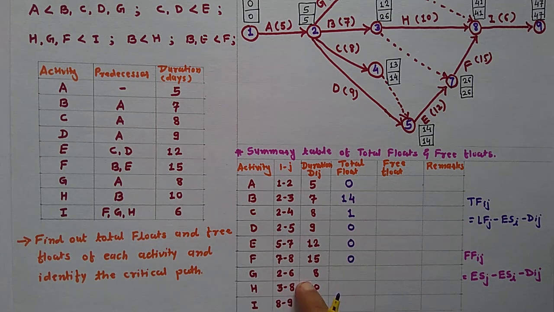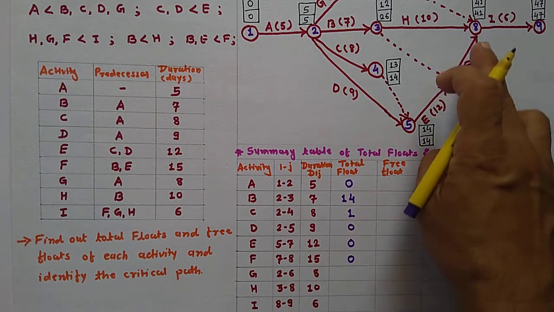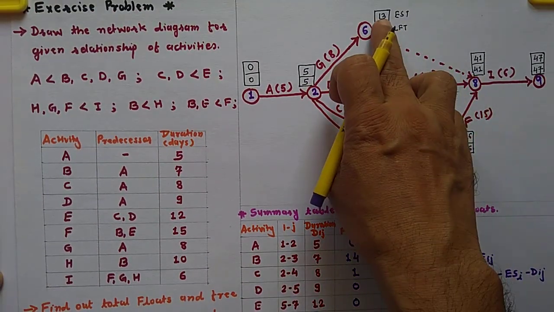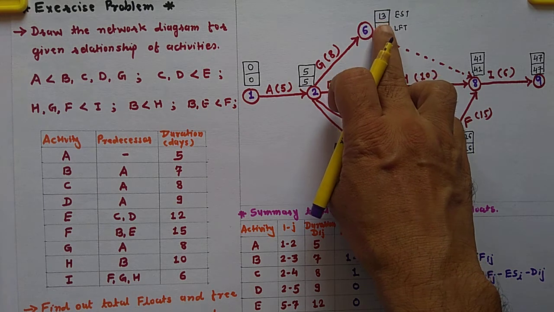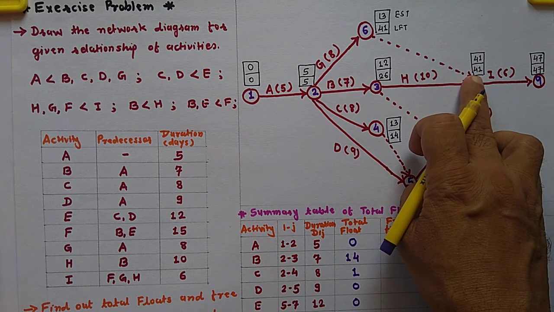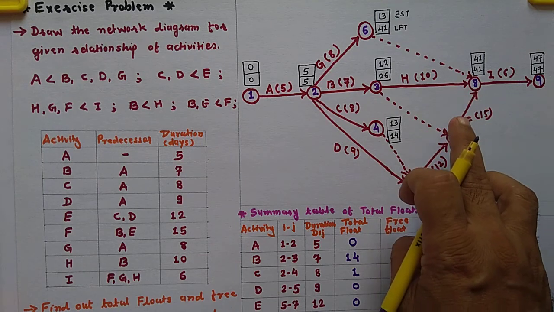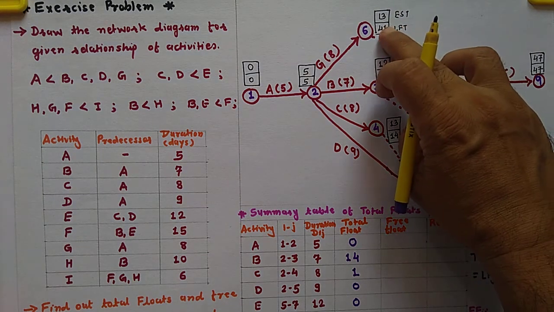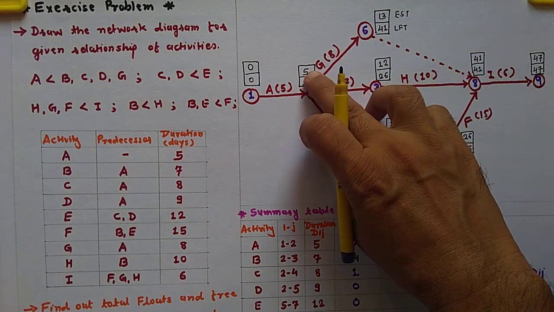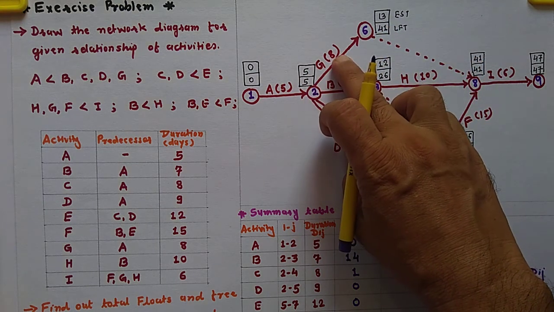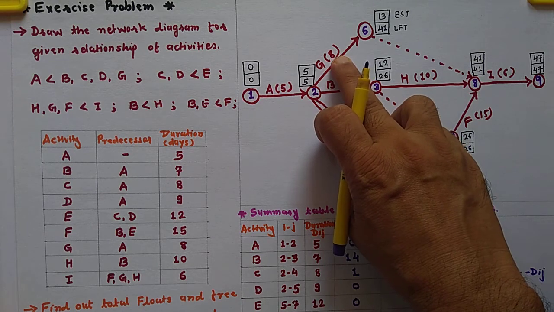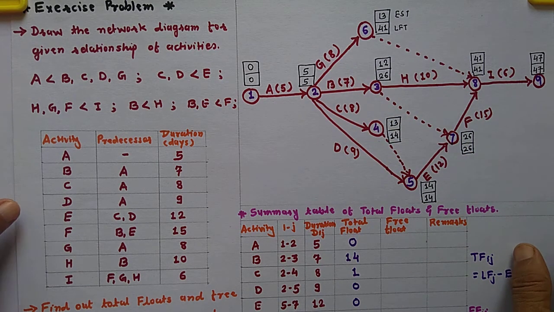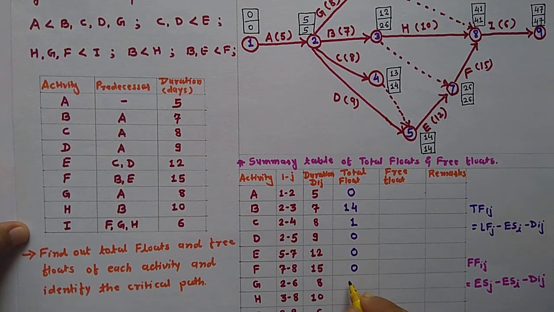Activity G: 41 minus 5 is 36, 36 minus 8 is equal to 28. So the value is 28.